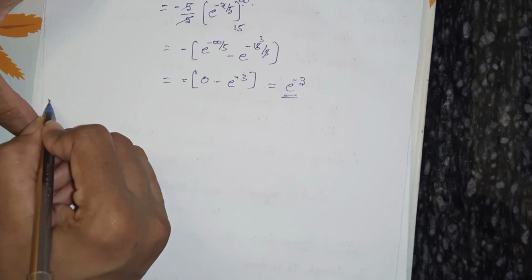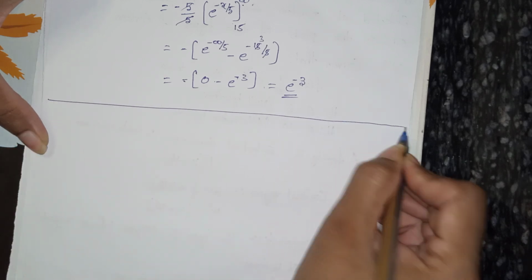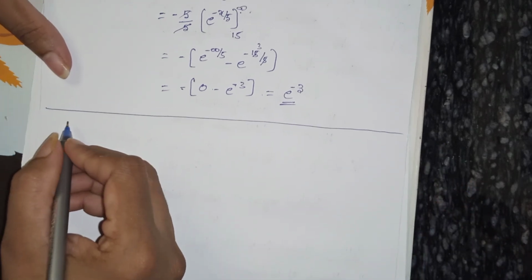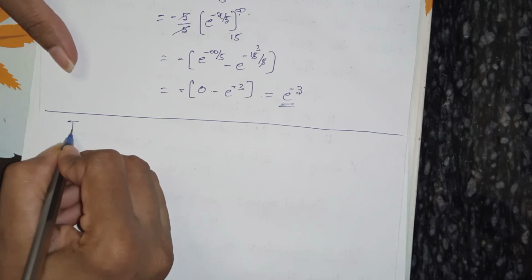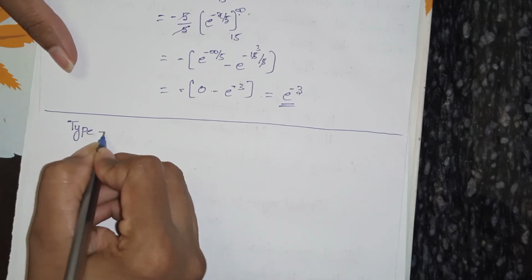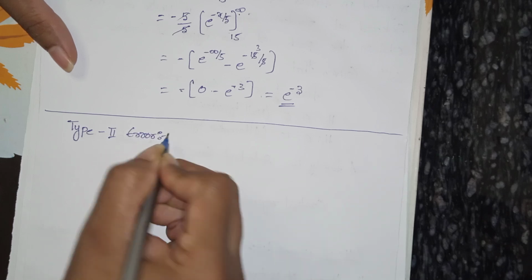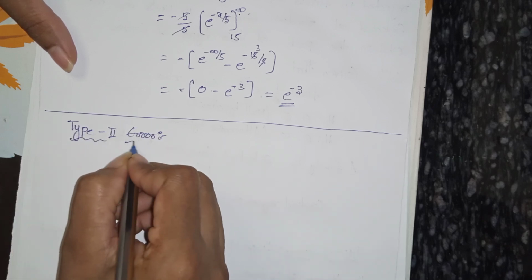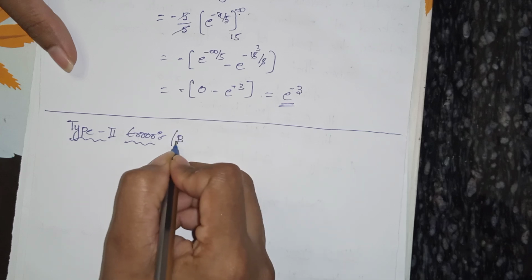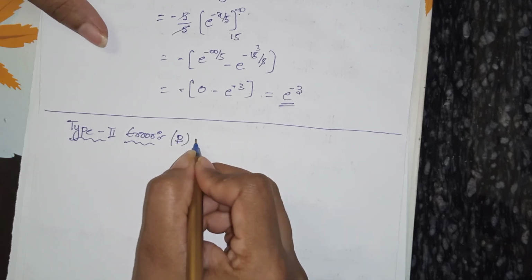So now we have to find the type 2 error. The type 2 error is nothing but the beta value. So what is type 2 error?